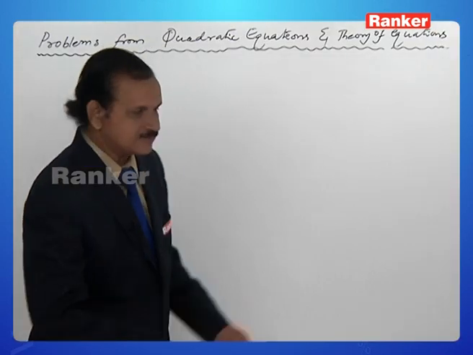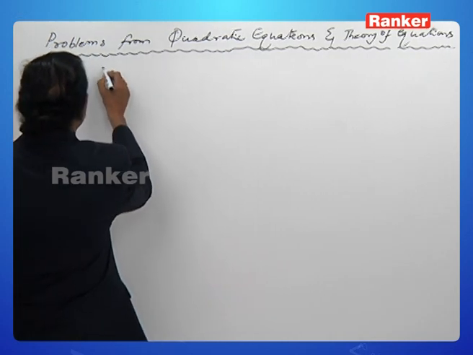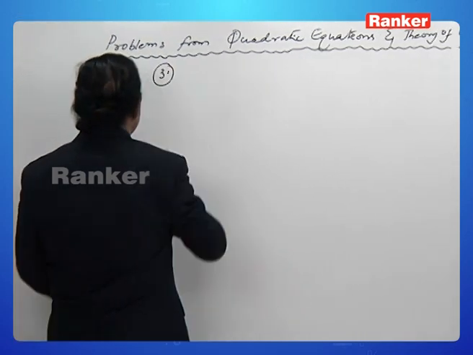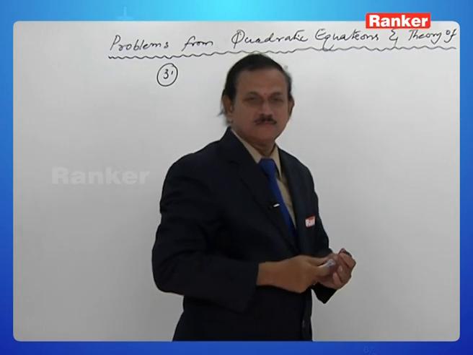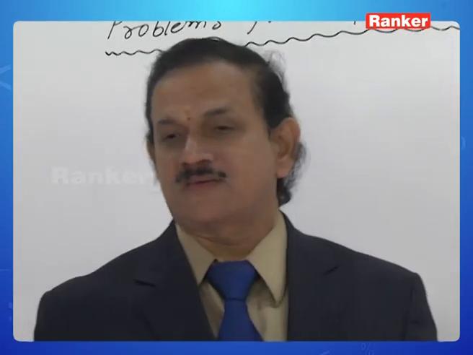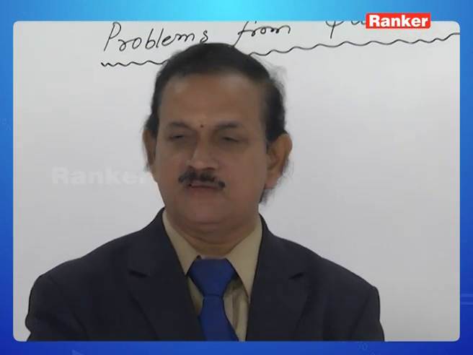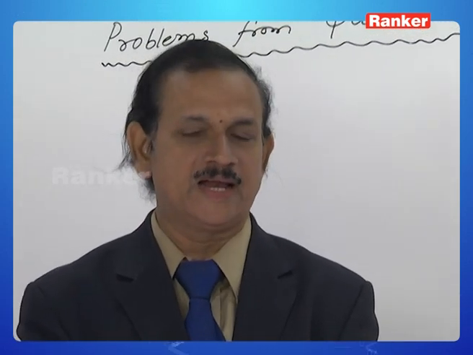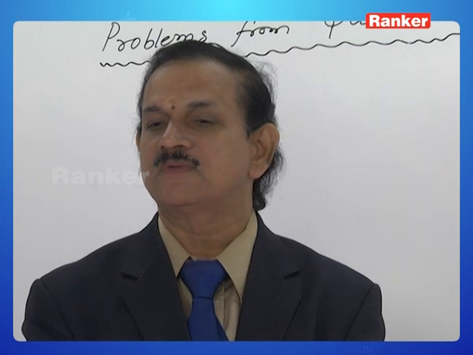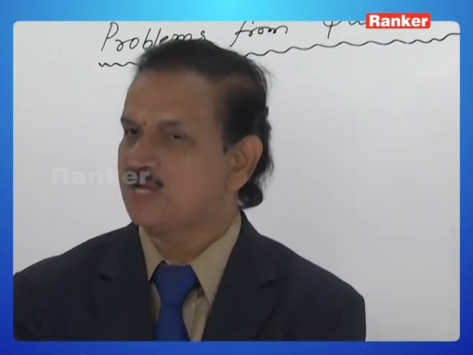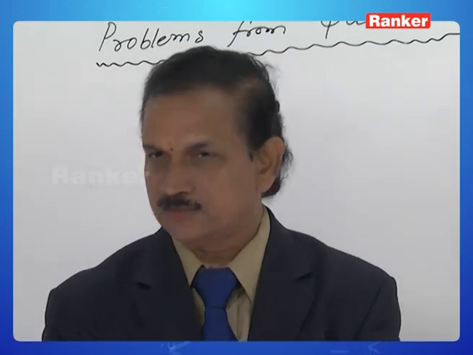Question number 31. In this question, alpha, beta and gamma are the roots of the equation f of x equal to 0, where f of x is equal to x cube plus x square minus 5x minus 1. Of course, it is a cubic equation.